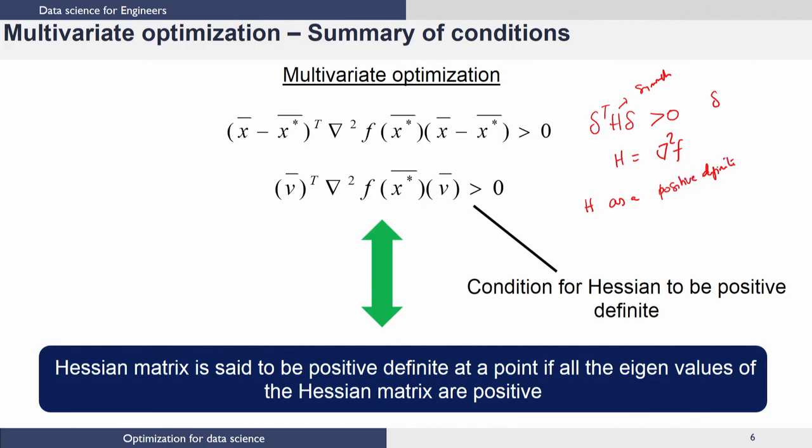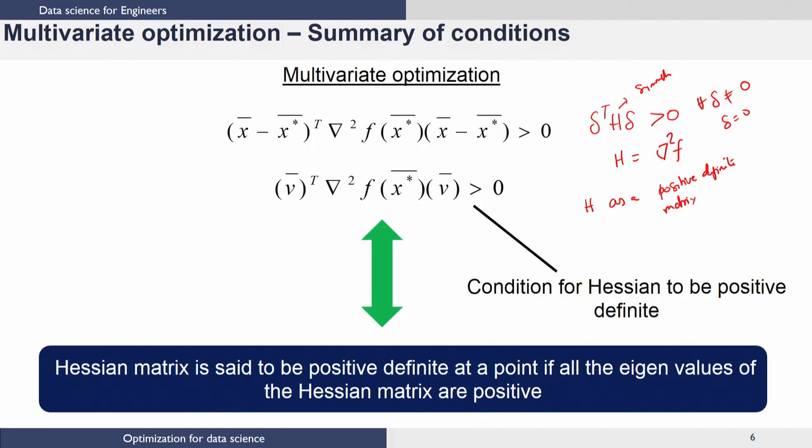So, if H is positive definite, then this will be greater than 0 for all delta not equal to 0. Clearly, when delta equals 0, this will be equal to 0. So, how do I check if a matrix that I compute is positive definite or not?